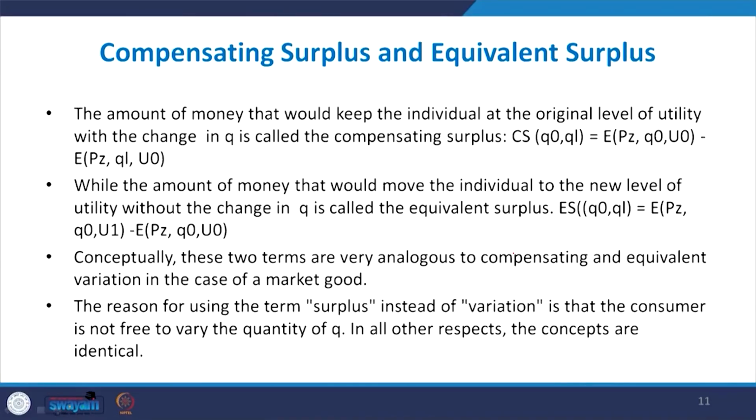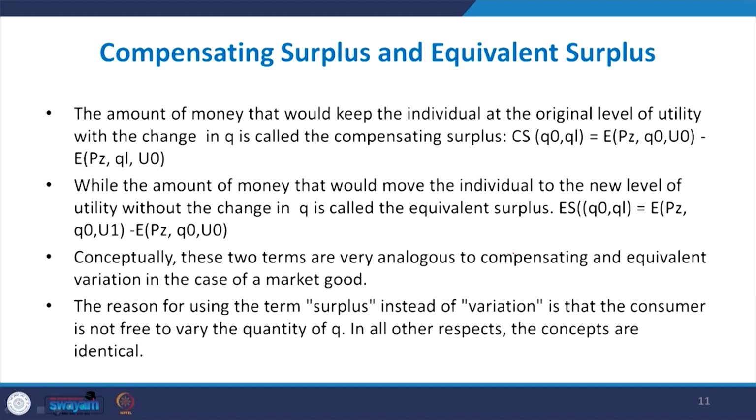So, the consumer would be willing to take some compensation from the government if environmental quality is deteriorated or reduced. Taking these two things into mind, you can explain these two concepts, compensated surplus and equivalent surplus. Let me first explain the compensated surplus.